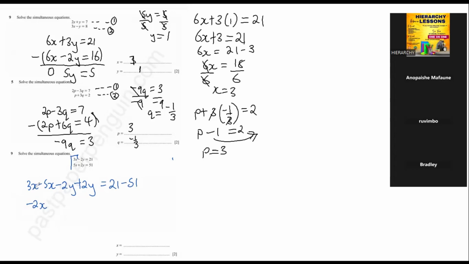So you're saying it's minus 2x minus 4y, because it becomes minus 4y, right? Yeah, supposed to be a negative here. Is equal to 21 minus 51, equals minus 30.